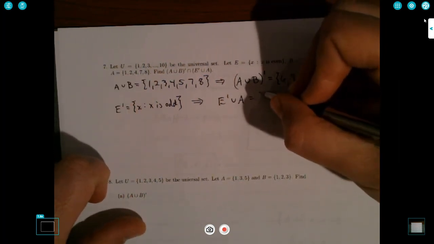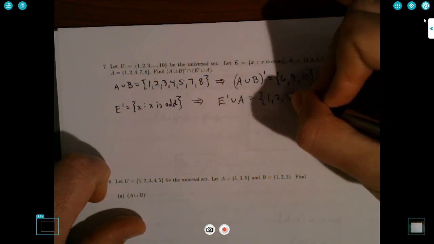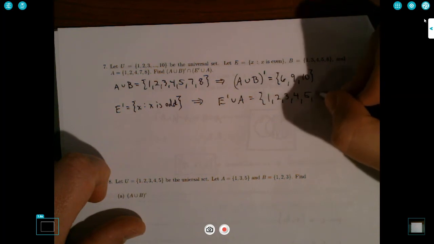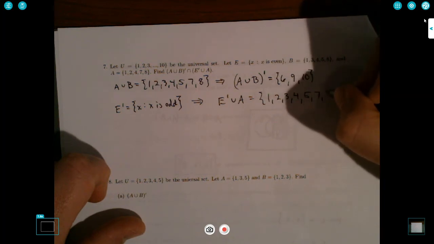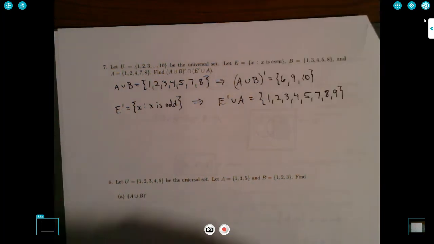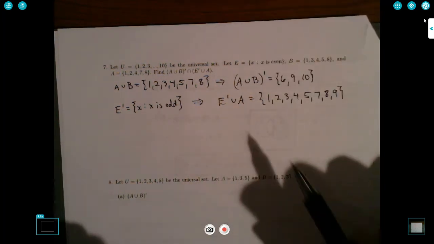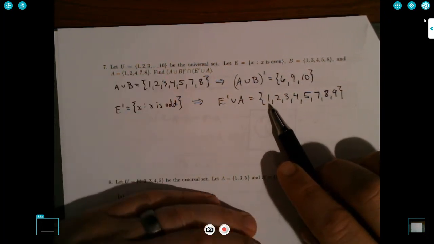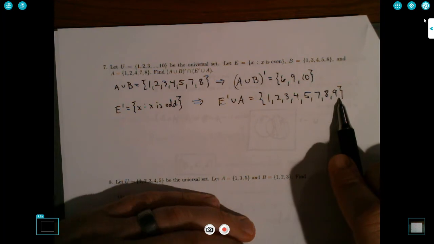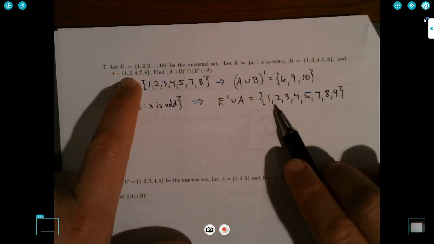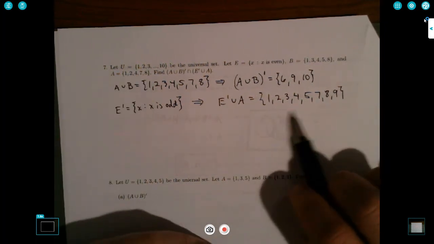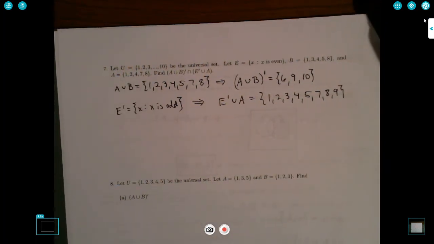So we're going to get 1, 2, 3, 4, 5, 7, 8, and 9. I put all the odd numbers within the universal set, 1, 3, 5, 7, and 9, and I put all of the numbers in A, 1, 2, 4, 7, and 8. So we've got them all in the union there.